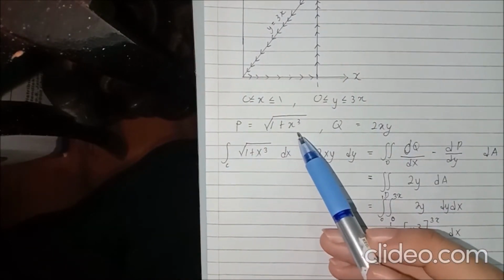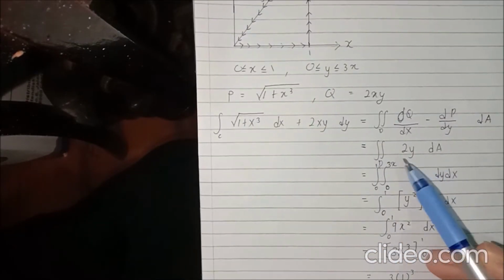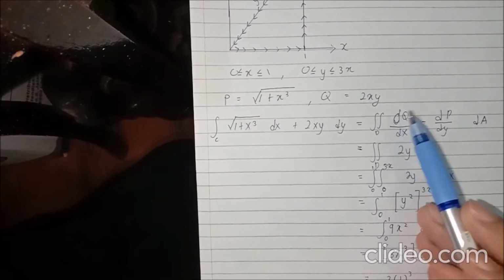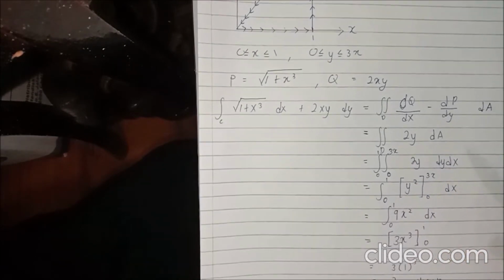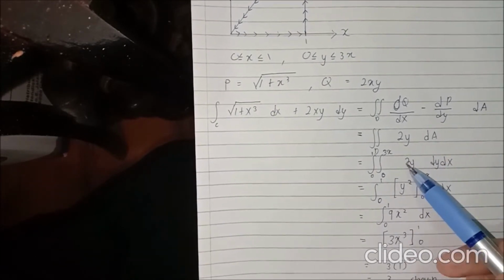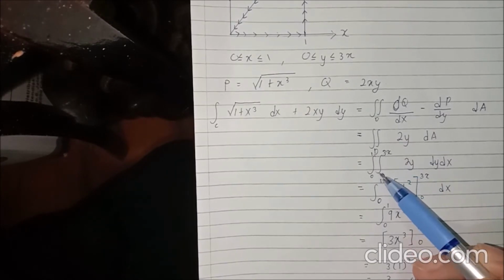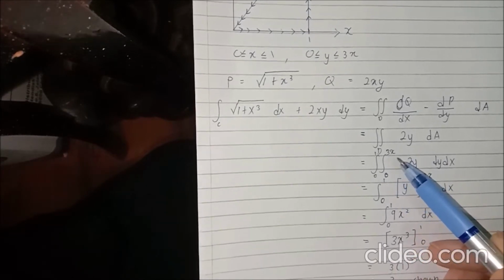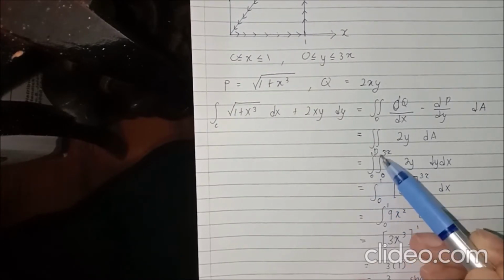There is no y here, so it becomes 0, so I didn't write it. So the answer is only 2y dA. So I write here 2y dy dx. Since I write dy first, the limit of y is from 0 until 3x, and the limit for x is from 0 until 1.